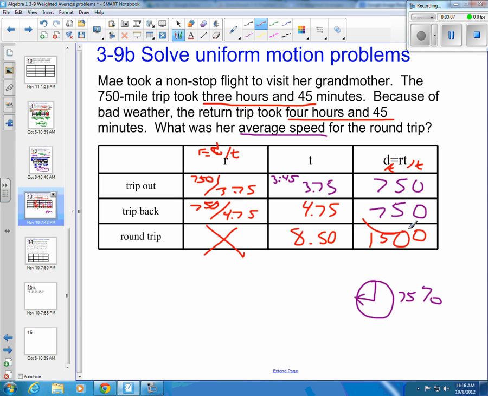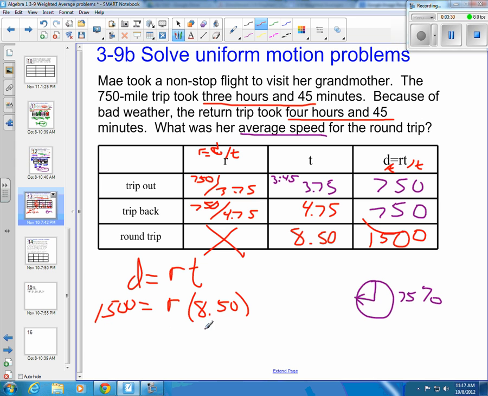So the total distance is 1,500, the total time is 8.50, and I know distance is equal to rate times time, so I know that the 1,500 is equal to this r, which we don't know, which we could use x, times the time, which is 8.50.